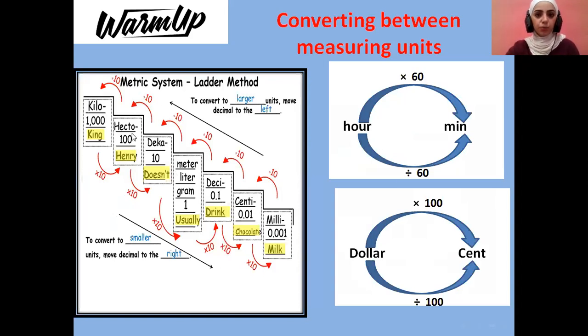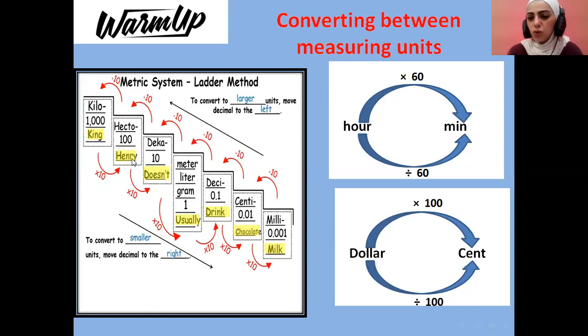Here in the big books, we have the units that we use for measuring lengths. The smaller units are millimeter, centimeter, decimeter, meter. There are decameter and hectometer, but those two units are not commonly used.